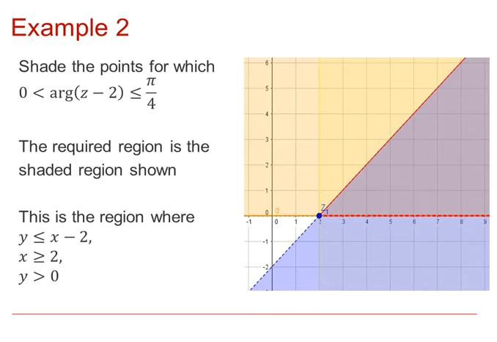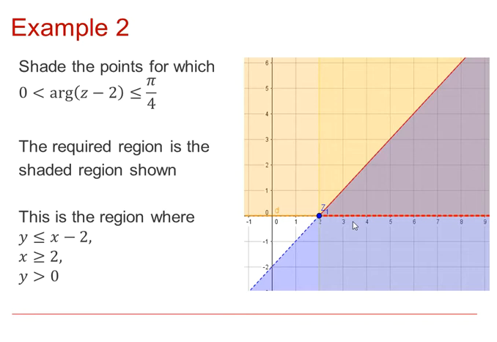You can see that it lies between y being less than or equal to x minus 2, shown by the line drawn up from z1 equals 2, the line x greater than or equal to 2, and also the line y greater than 0.